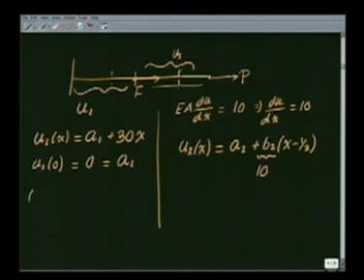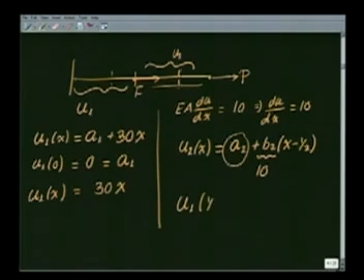So u1 will be equal to, as a function of x, 30x. Now we have to obtain a2. How do we obtain a2? By enforcing the continuity of the displacement at the point x equal to half. That is, u1 at half is equal to u2 at half.